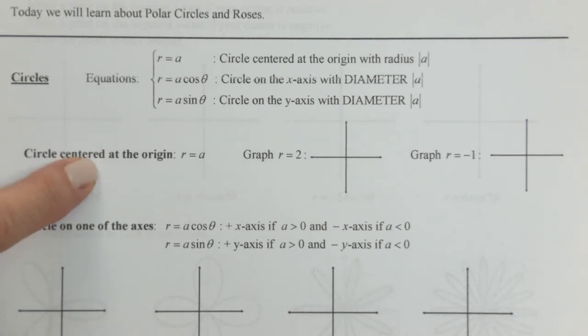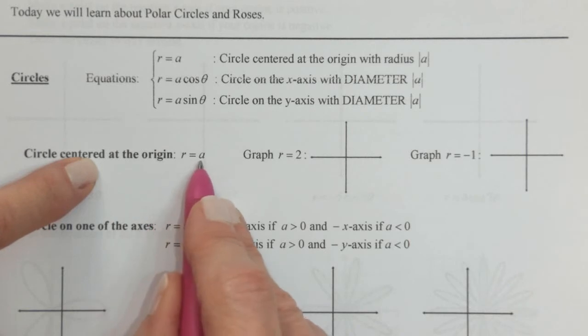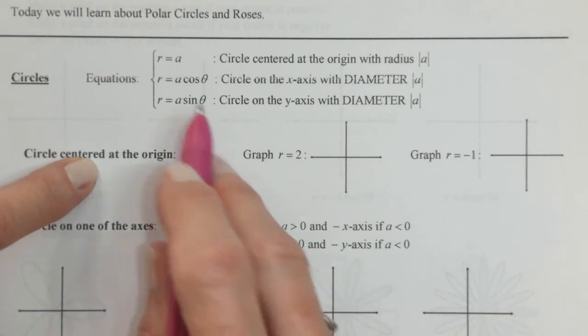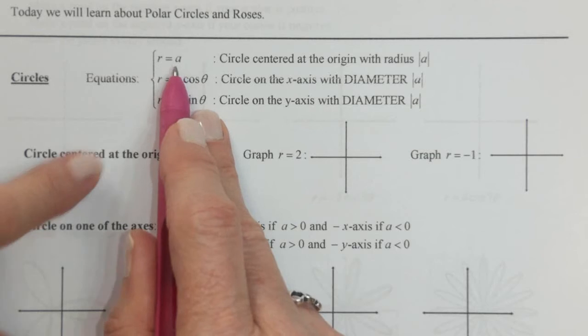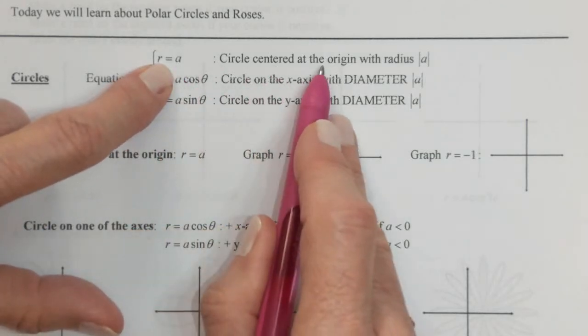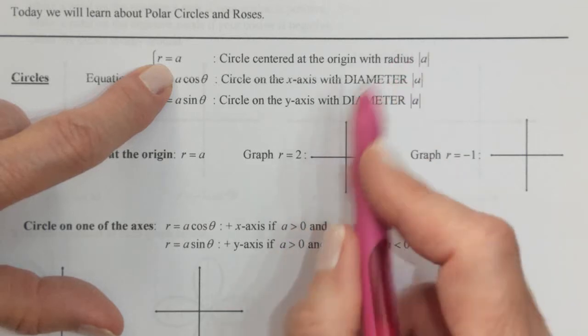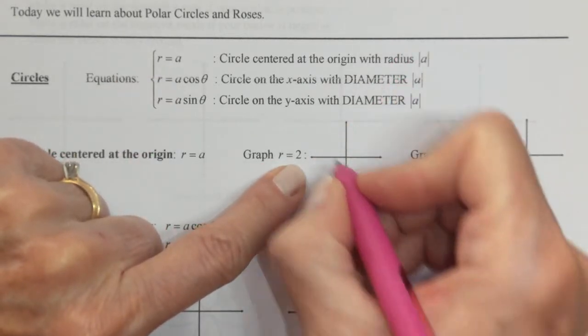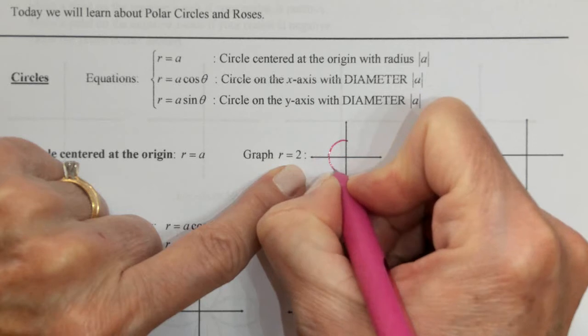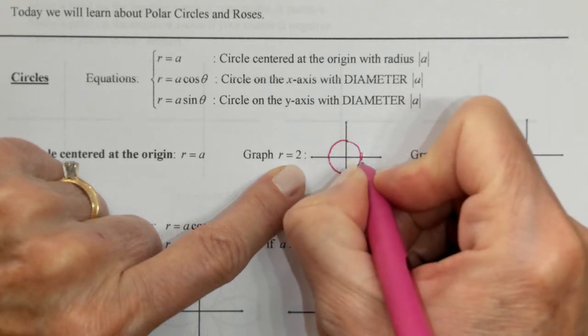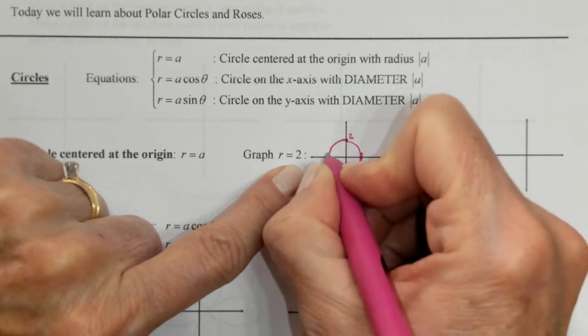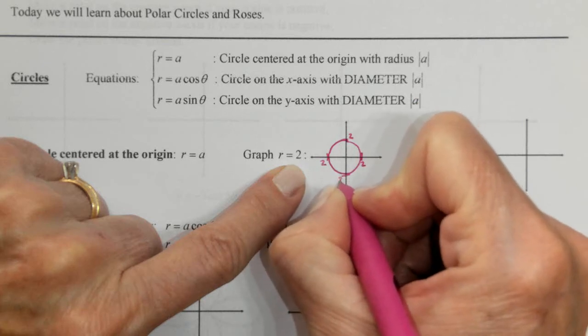First, circles centered at the origin. They have the form r is equal to some number. When r is equal to just a number a, the circle is centered at the origin and the radius is the absolute value of a. So if you were graphing r is equal to 2, it would be a circle centered at the origin, and everywhere you go would be 2: 2 right, 2 left, 2 up, 2 down.